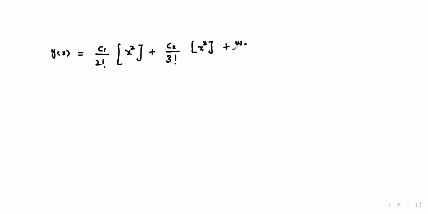So look at this, we get y of x is equal to c1 over 2 factorial, and we have here x square plus c2 over 3 factorial, x cube, inverse Laplace of x cube, plus w naught over 60 EIL.